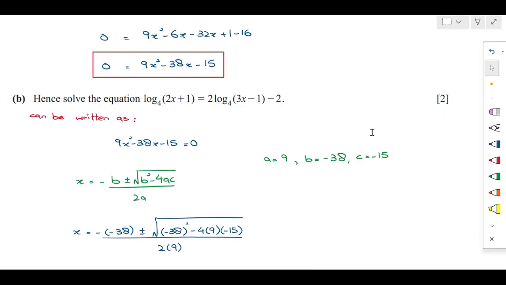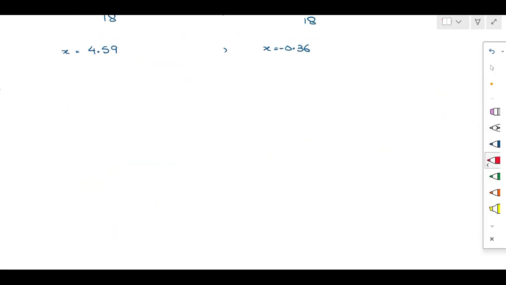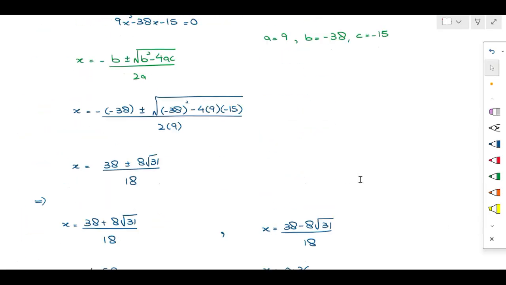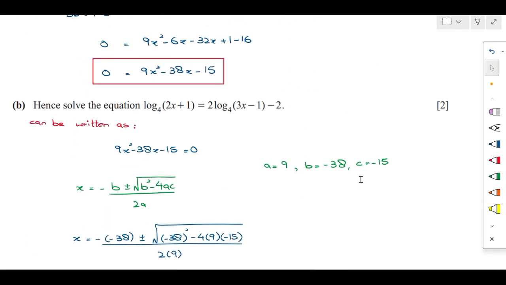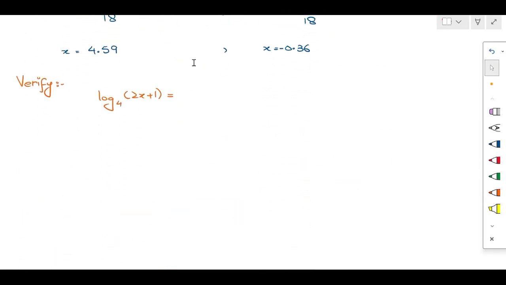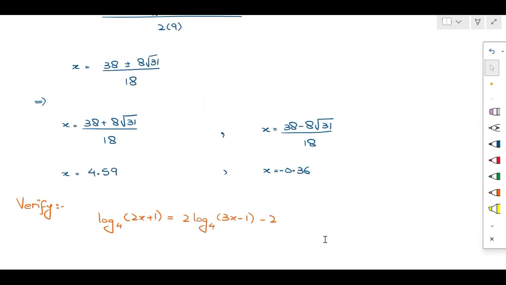Log base 4 of 2x, verify. Okay, now we need to verify. Log base 4 of 2x plus 1 is equal to 2 log base 4 of 3x minus 1, and negative 2 or positive 2?